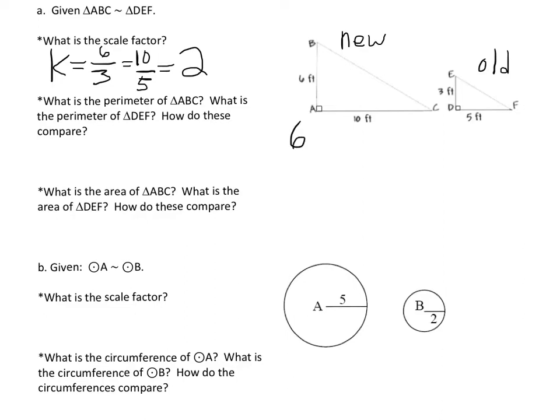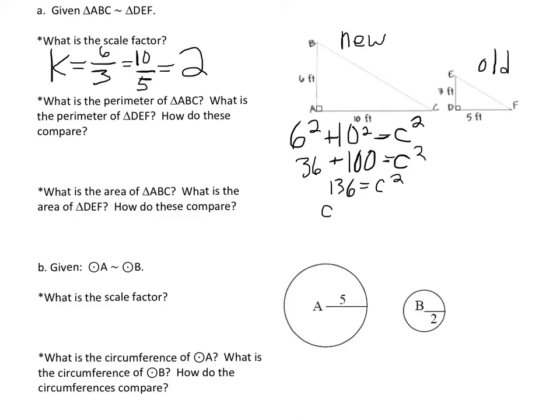So I'm going to say 6 squared plus 10 squared equals c squared. 36 plus 100 equals c squared. 136 equals c squared. And if you plug that in your calculator to do the square root, you get that c equals 11.7.